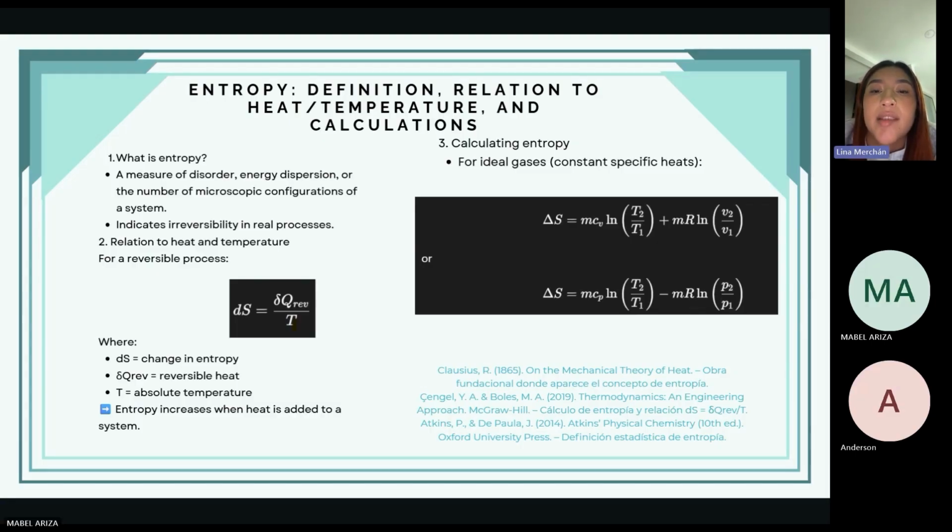Number three, calculating entropy for an ideal gas with constant specific heat.